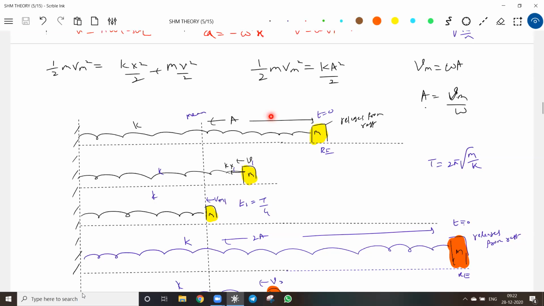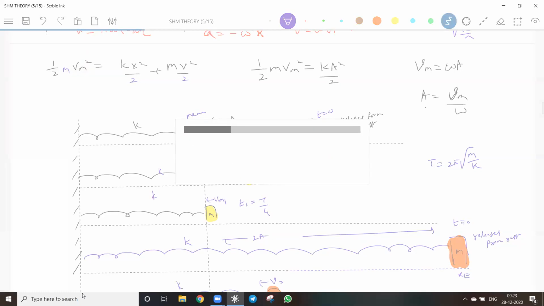So shall I say SHM is a motion which obeys the law of conservation of mechanical energy, because the overall mechanical energy remains the same. The body will describe a motion such that its mechanical energy is conserved.